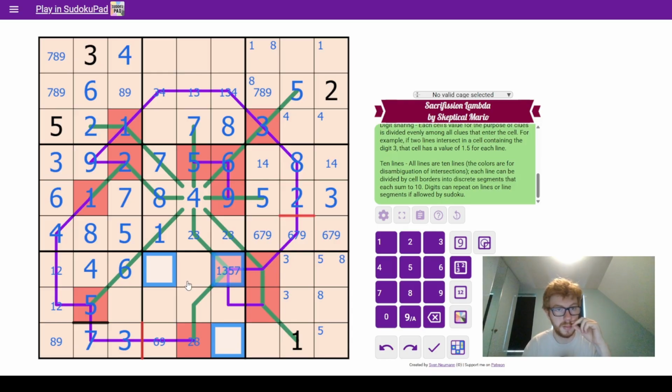Okay. Sure. I have to think more about 10 lines in general, which, in a 10-line puzzle, makes sense.